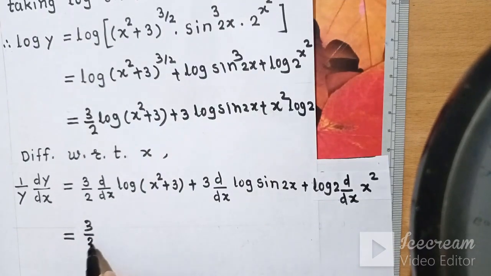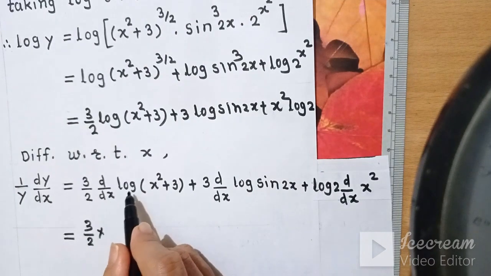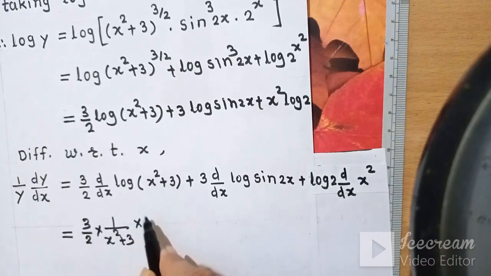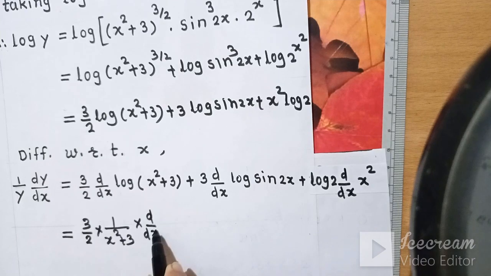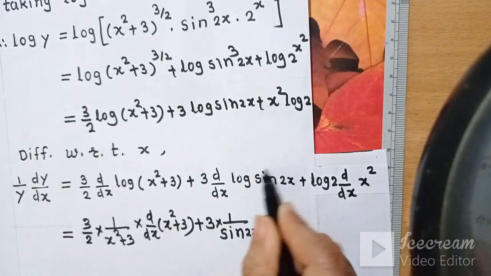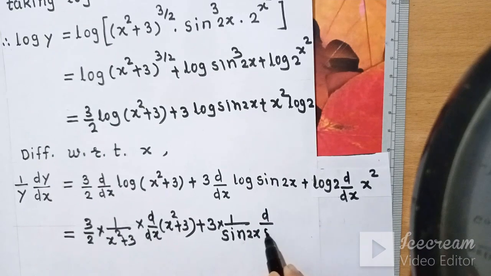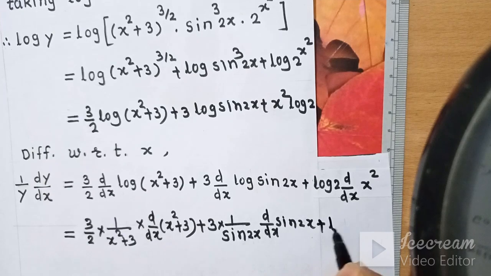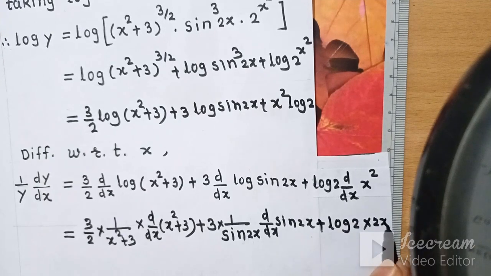So 3 by 2, now d by dx of log f(x) is 1 upon f(x) into its derivative: d by dx of (x square plus 3), plus 3 into 1 upon sine 2x and the derivative of sine 2x, plus log of 2 and the derivative of this, which is 2x.